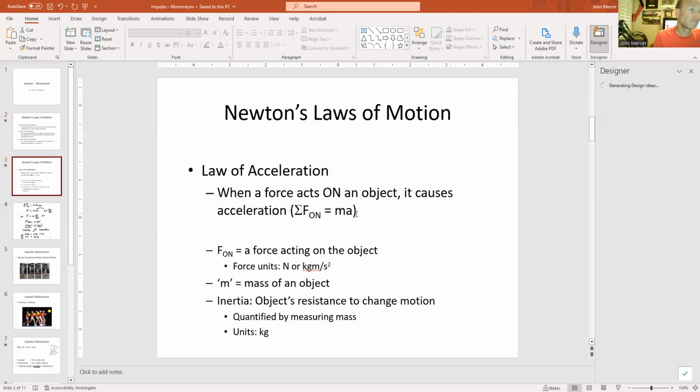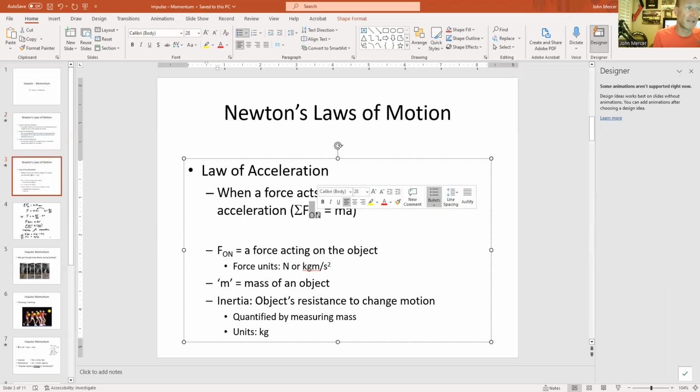So here's Newton's second law, F equals ma. Forces add up all the forces acting on the object, and we get the mass, the product of the mass of the object, a measure of inertia, resistance to change in motion, times the acceleration of the center of mass of the object. Inertia means it's hard to get something going or hard to stop it when it is moving.